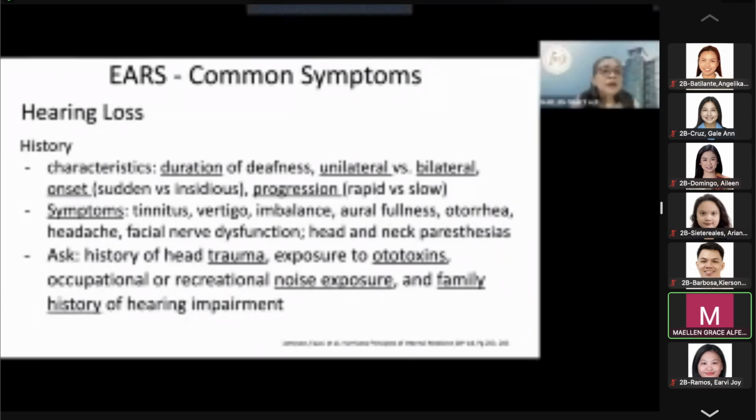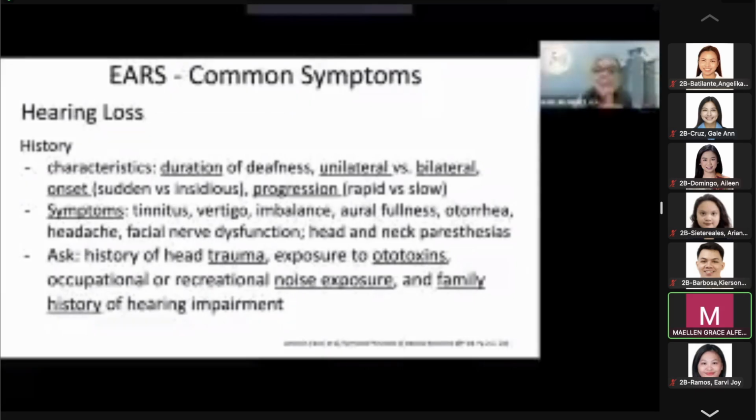What are the accompanying symptoms? Is there tinnitus, vertigo, or a spinning sensation of either the patient or the environment? Is there imbalance? Is there oral fullness or otorrhea or discharge from the ears? Is there headache? Is there a facial nerve dysfunction? Or is there head and neck paresthesia? Also in the history, ask for a head trauma, exposure to ototoxins, and occupational or recreational noise exposure.